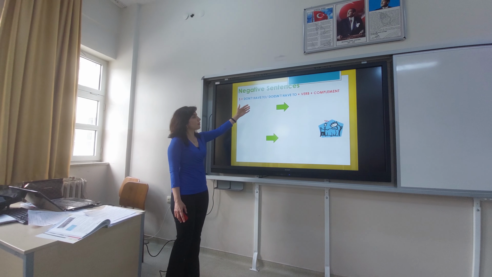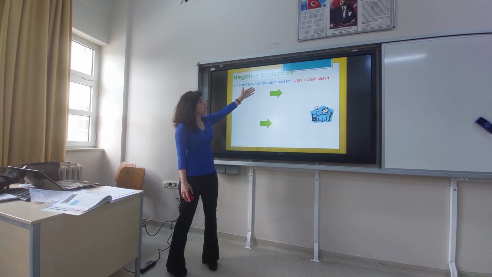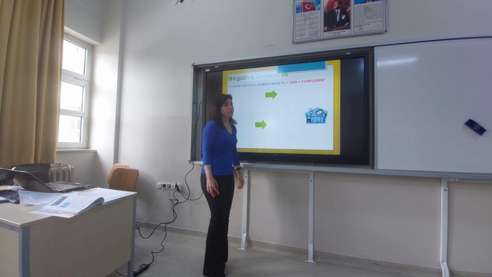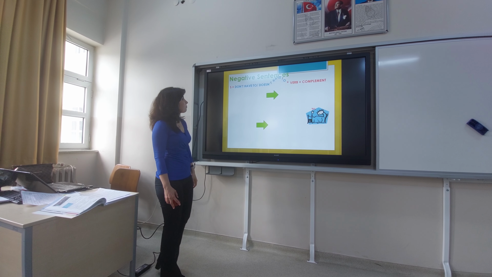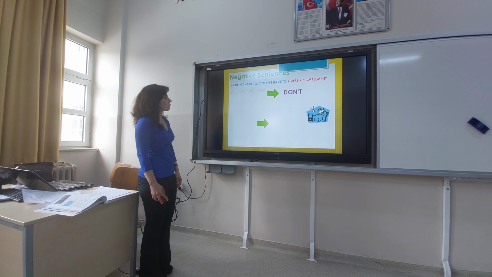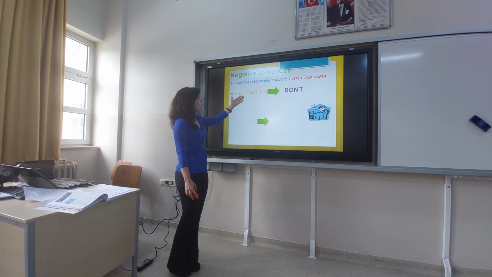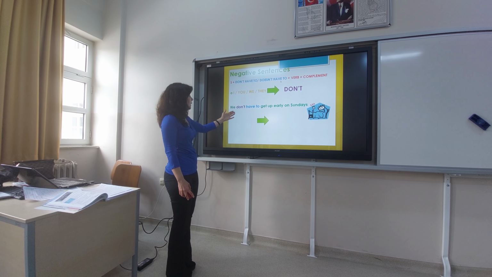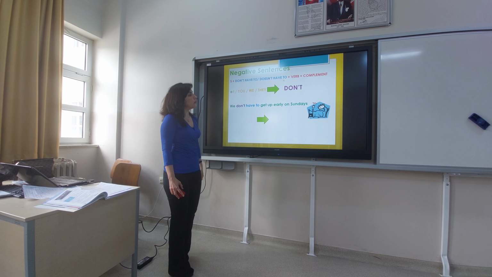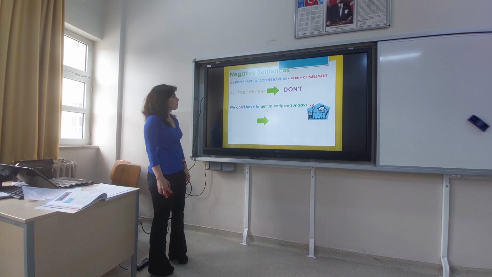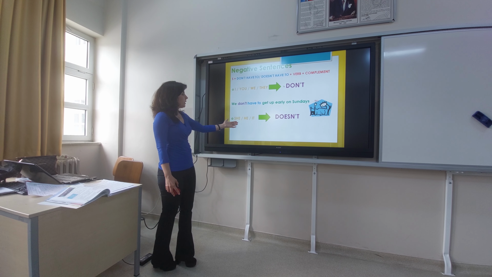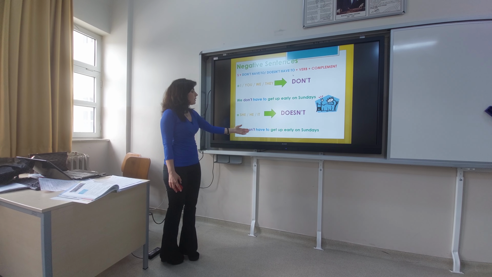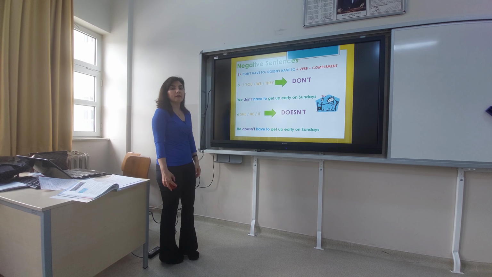Negative sentence: subject, don't have to or doesn't have to, verb, complement. I, you, we, they don't. We don't have to get up early on Sundays. She, he, it doesn't. He doesn't have to get up early on Sundays.